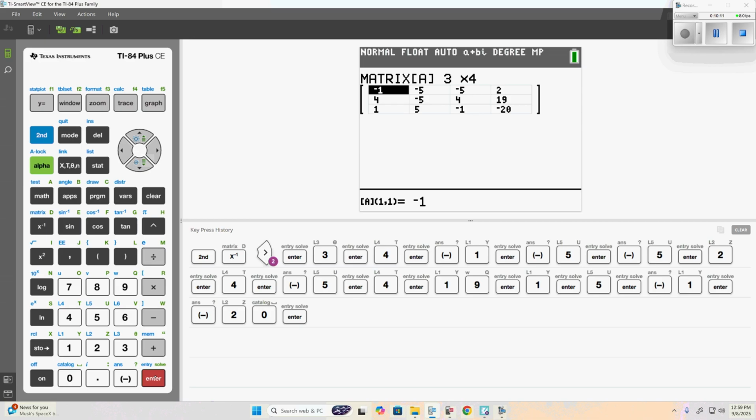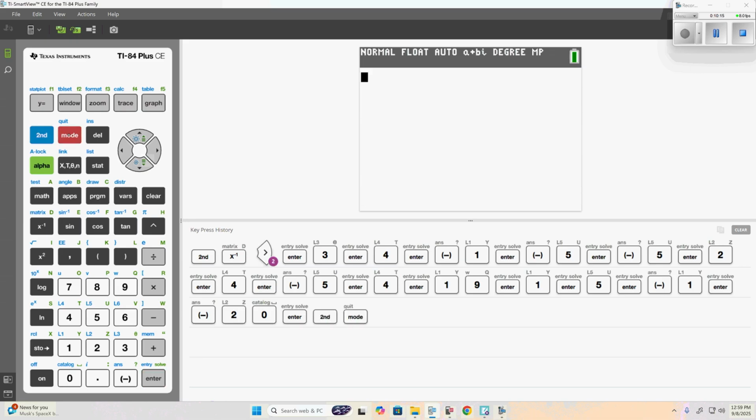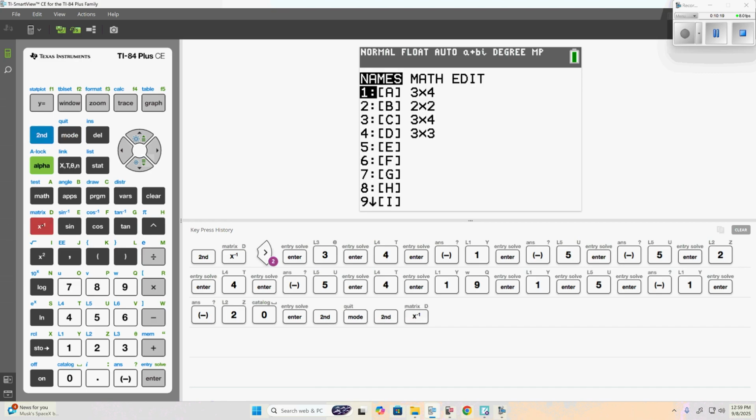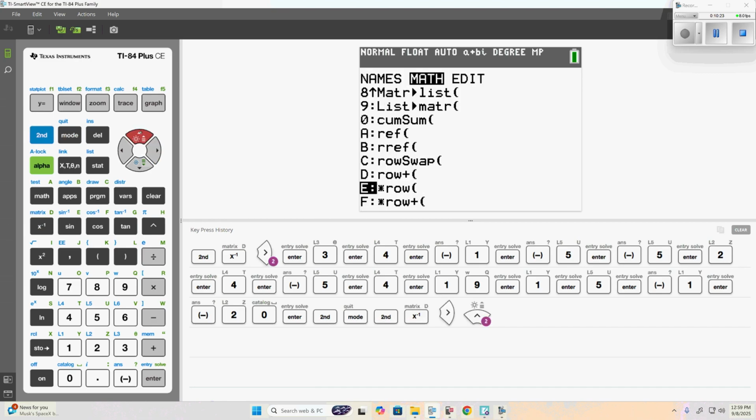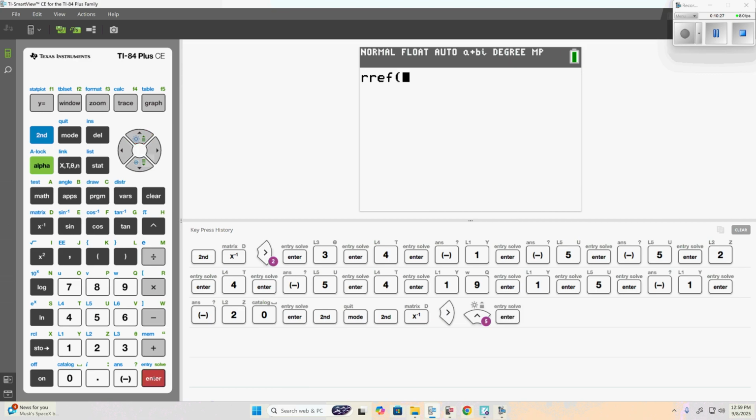Once we get it all typed in, where do we go? Second, quit. And then we go second, matrix, over to math. And then we go up or down to find RREF. Second matrix, and then we select the one we want and hit enter.